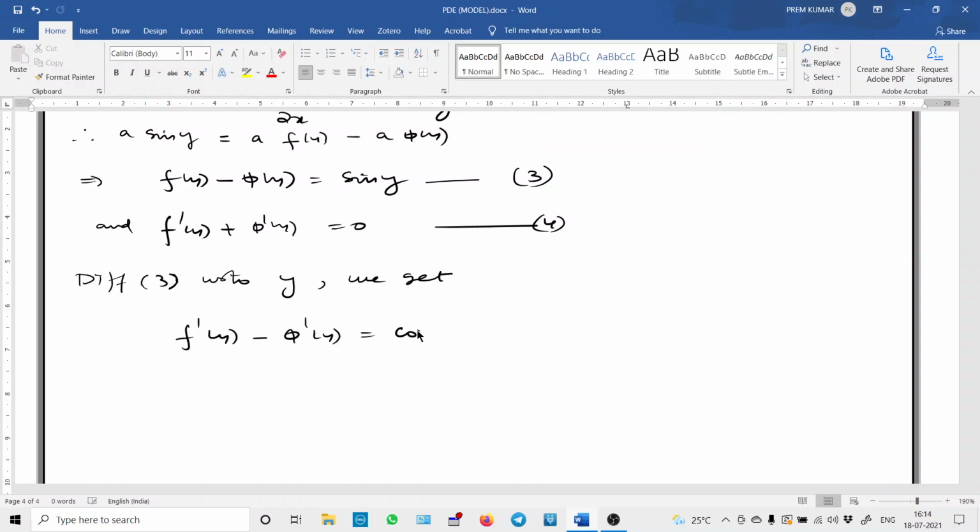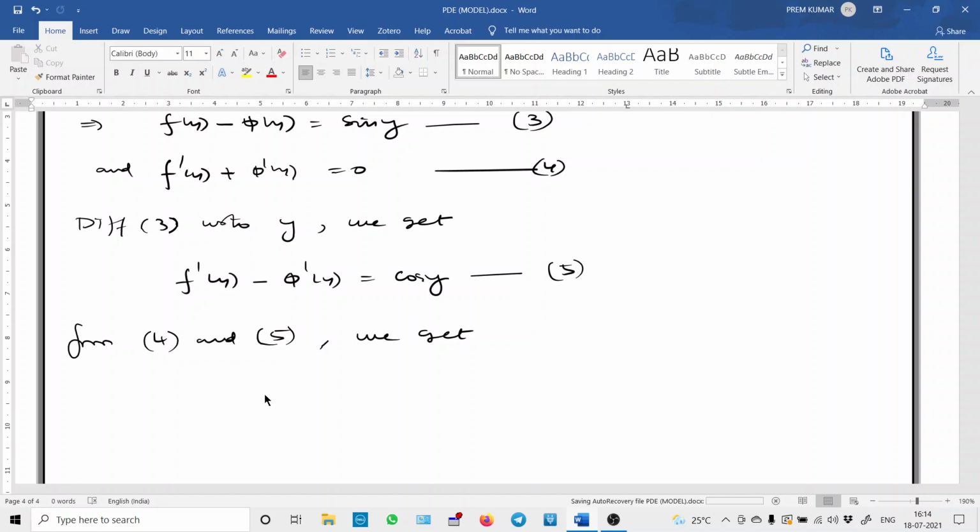I name this as fifth equation. Now use 4 and 5 to find f dash of y and pi dash of y. So from 4 and 5, suppose we add 4 and 5, we get 2 times f dash of y equals cos y, so f dash of y equals cos y by 2.